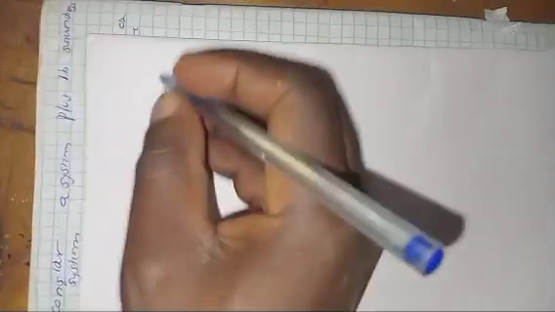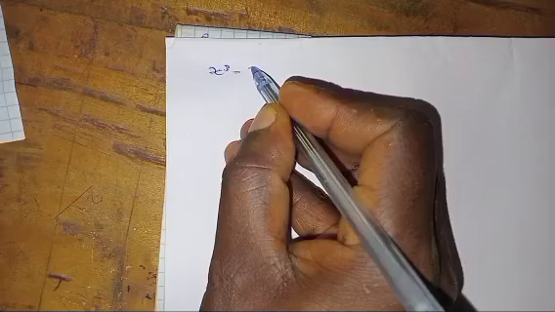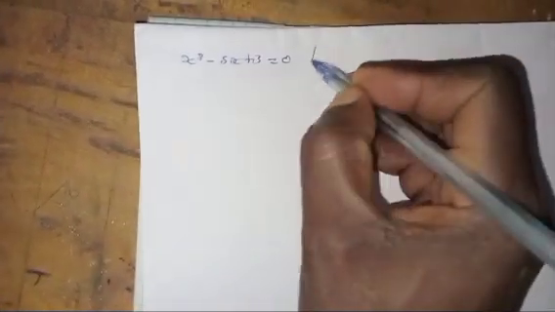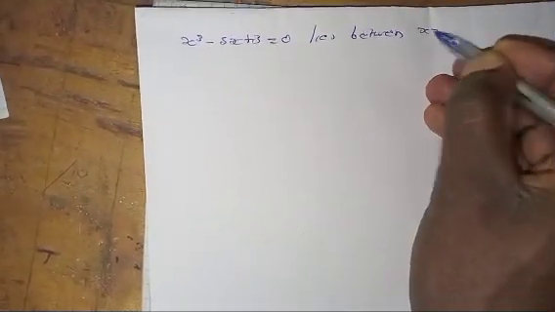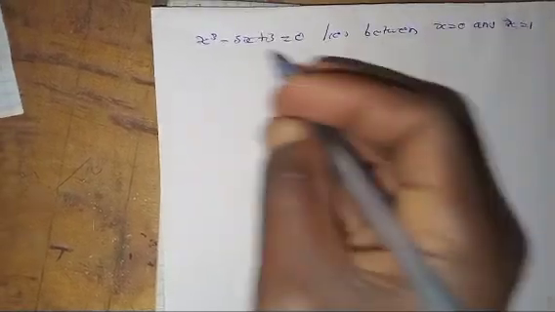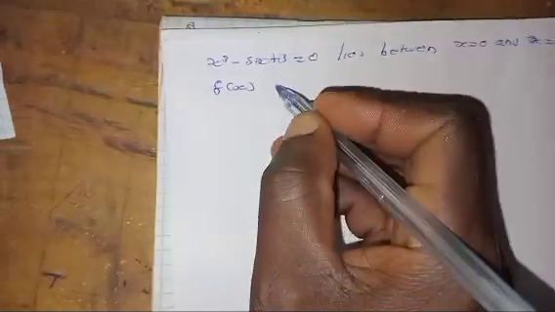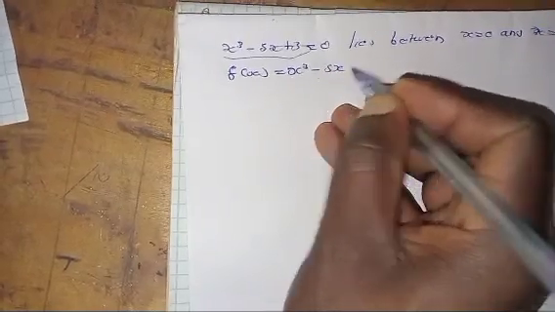Okay, from what we have been given, x cubed minus 5x plus 3 equals 0 lies between x equals 0 and x equals 1. So what we do, we say function of x, f(x), equals x cubed minus 5x plus 3.